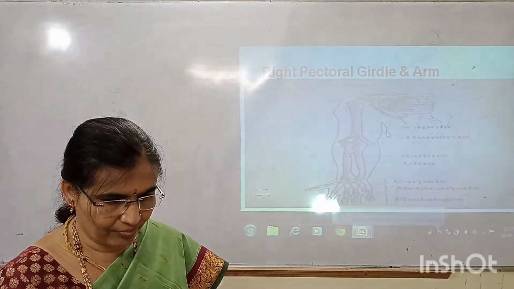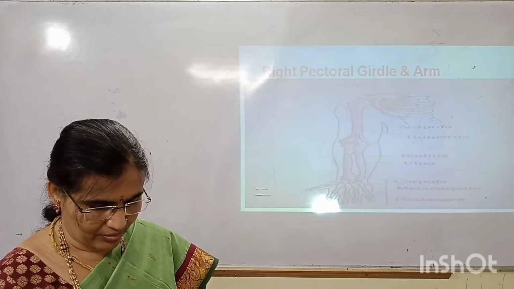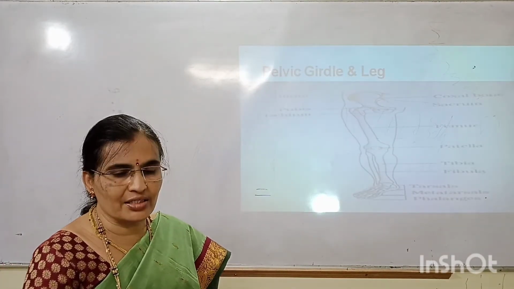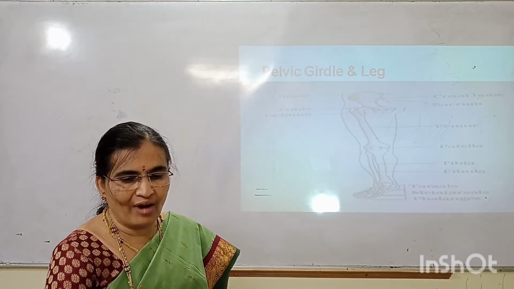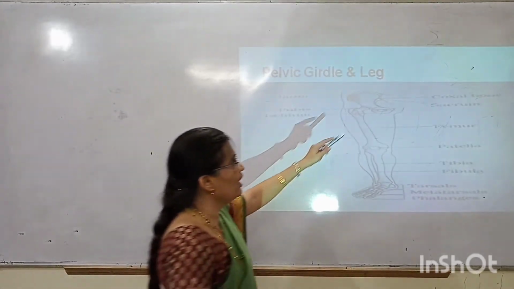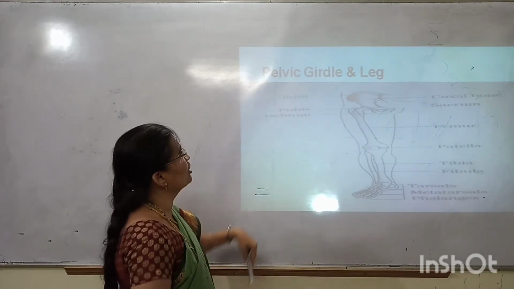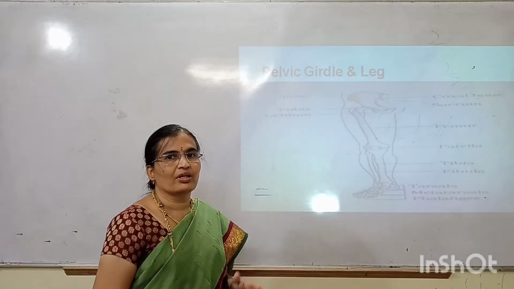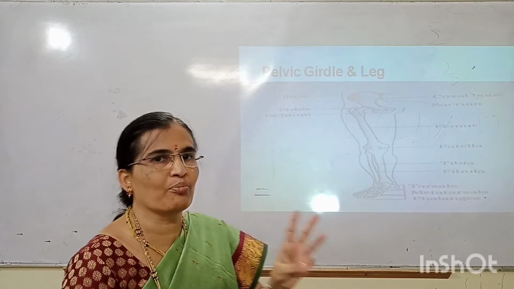Then next, the pelvic girdle. The pelvic girdle is made up of 2 bones, that is, coxal bones.